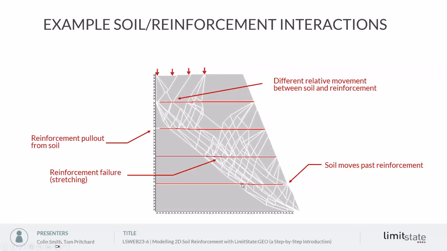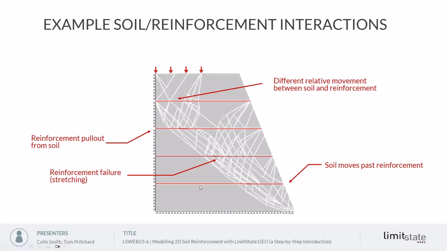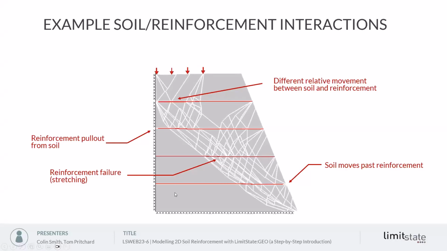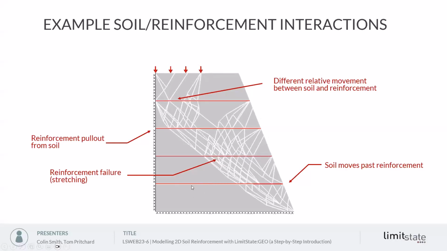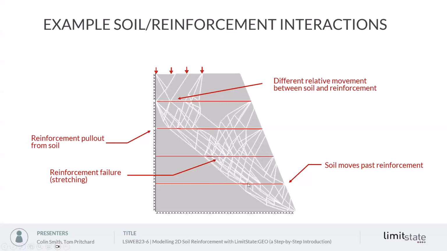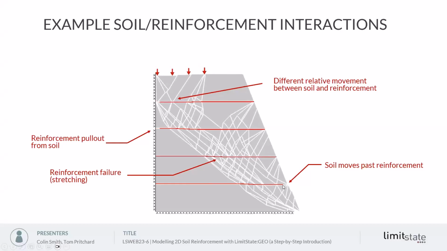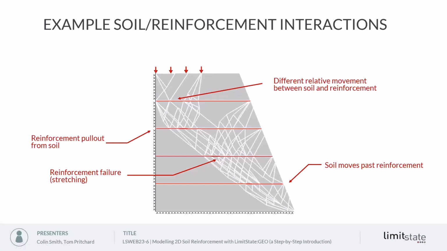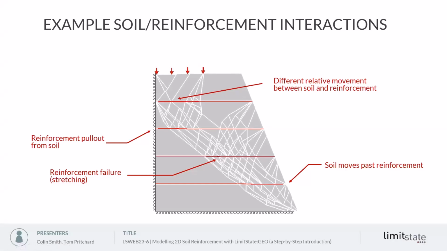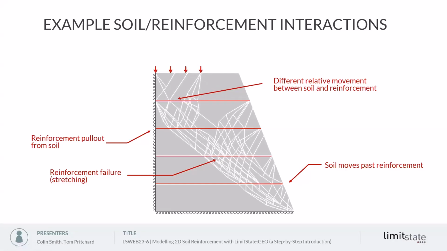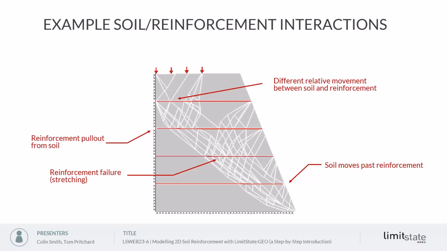And on the base here, the reinforcement is effectively anchored into the stable soil on the left, and the soil is pushing past it. So you can see it's pushing past the end there. So we can capture all those modes, and in addition, sliding on one or other face of the geotextile. That's all modeled inherently.